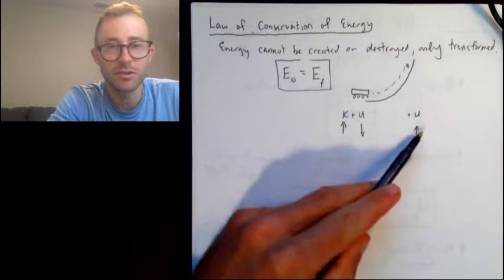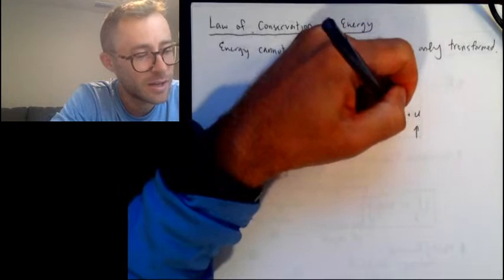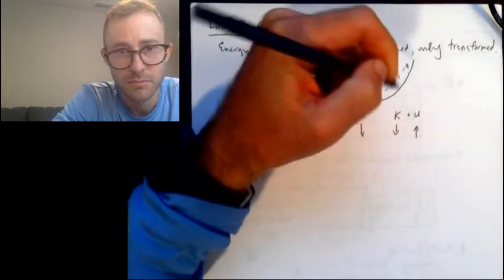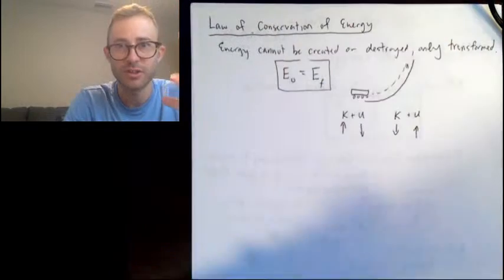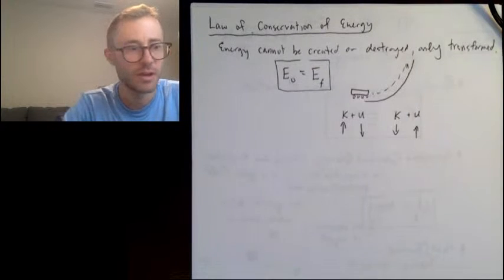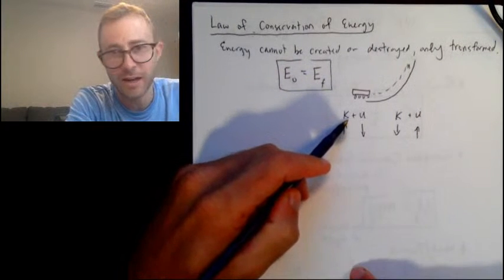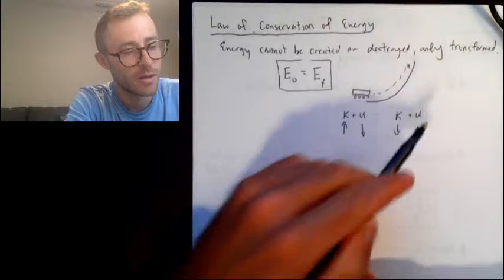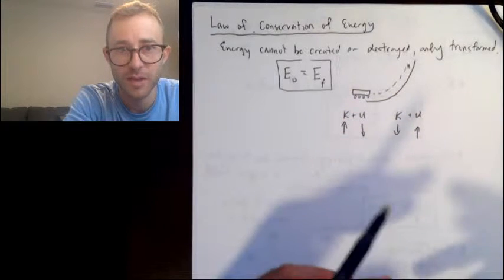So as the potential energy goes up, the kinetic energy goes down. So there's an exchange, there's a transformation. But the total amount, if we added kinetic plus potential, it's going to be the same. Okay?